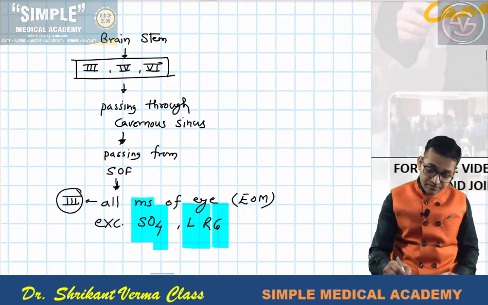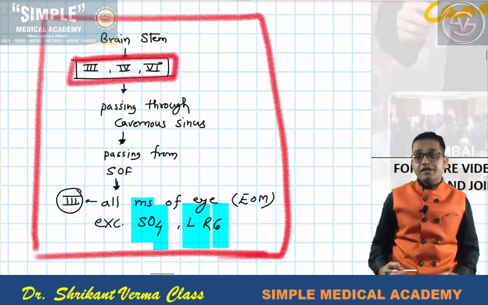So this is the summary for the third, fourth and sixth cranial nerve.